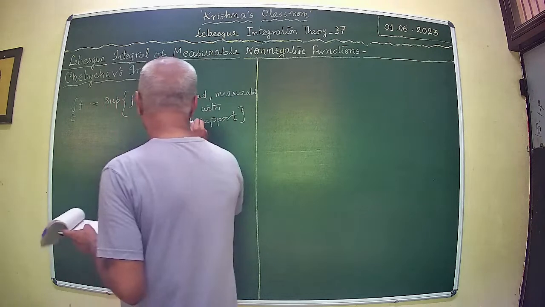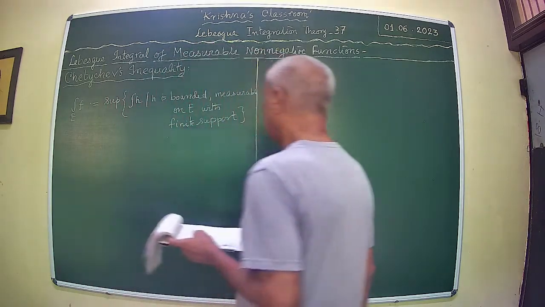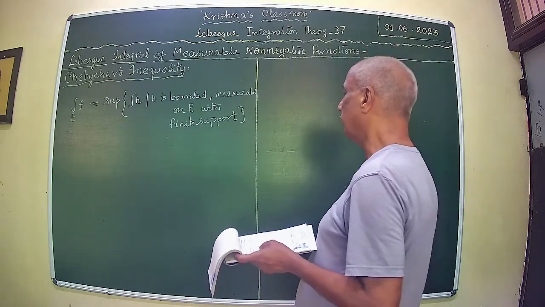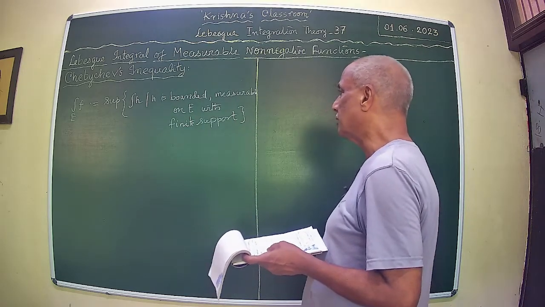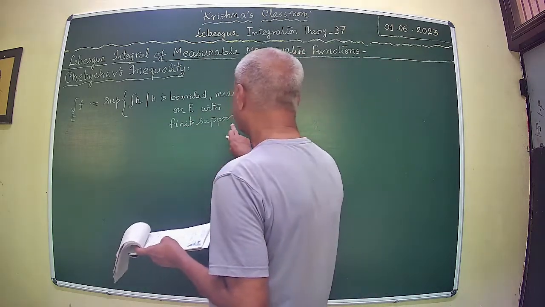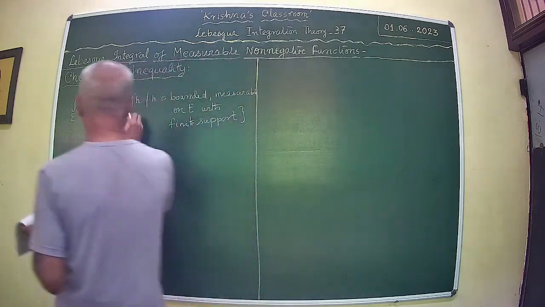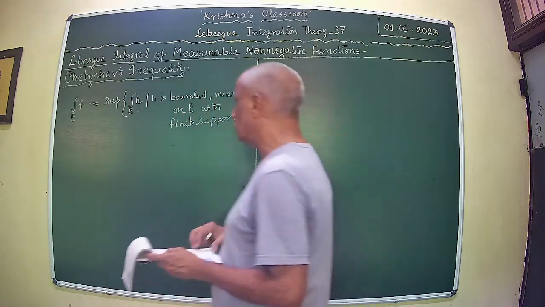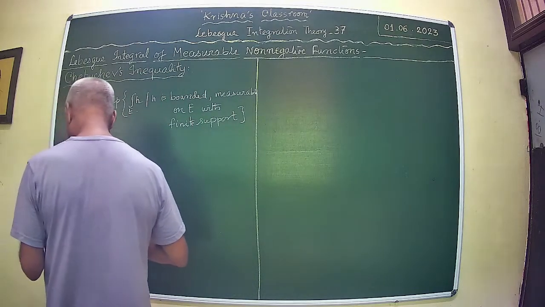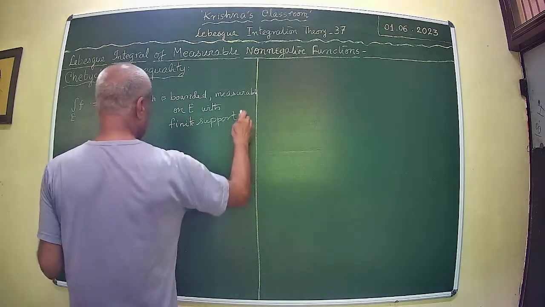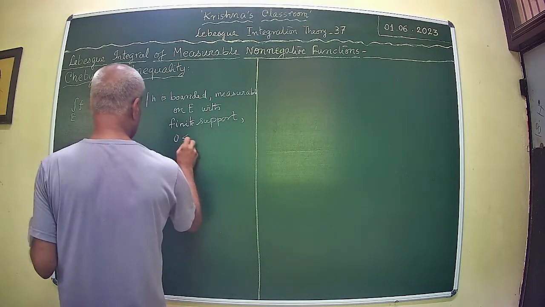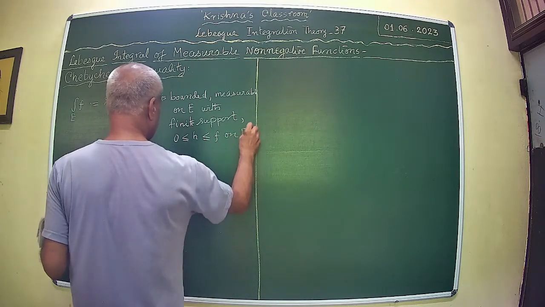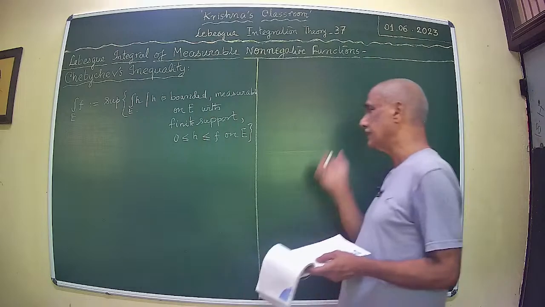This is what you mean by the function H is bounded measurable on E with finite support. Because it has a finite support, the integral is finite. So this was the definition that we had. One more condition is there, 0 less than or equal to h less than or equal to f. Sorry. Okay. That is the condition.